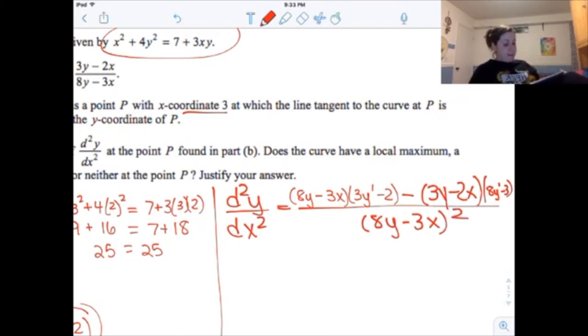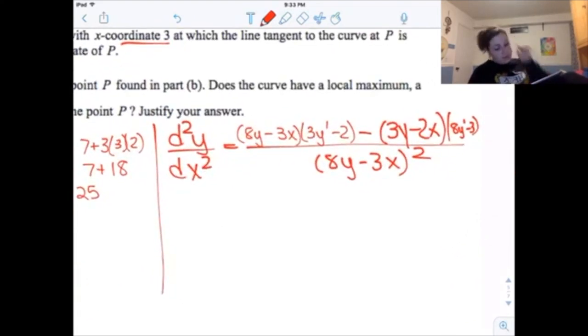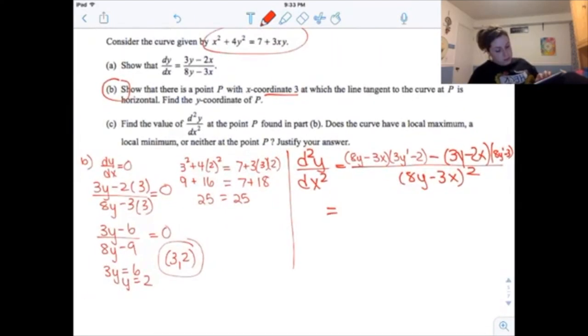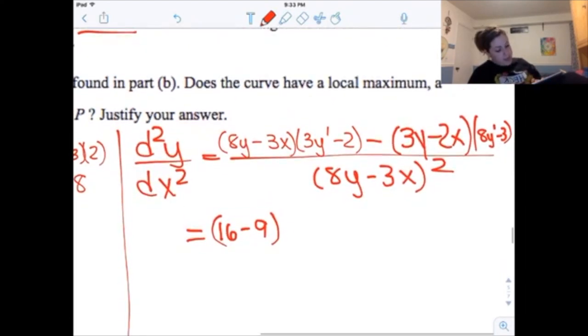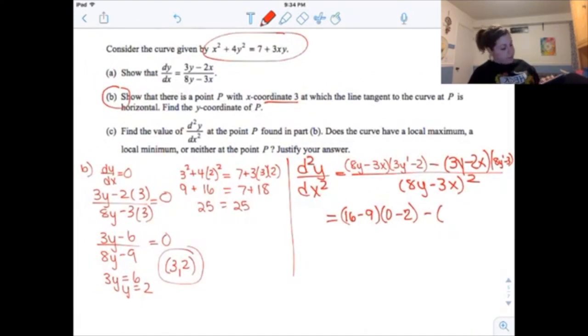I know that y prime at that point is 0. I showed that in part B. And I know my point is (3, 2). So let's plug this in. 8y is going to be 16 minus 9, right? And then this is going to be 0 minus 2, minus 3y is going to be, what was y again? 2.